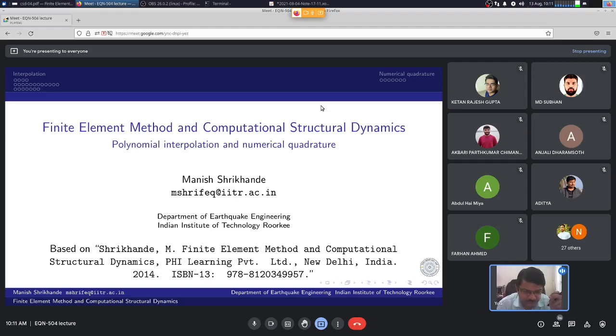Another way to do that, instead of cubic Hermite interpolation, if we try to impose a higher degree of smoothness, then we can also look for a cubic spline fit. And cubic splines is something that you may be familiar with in your engineering graphics course.